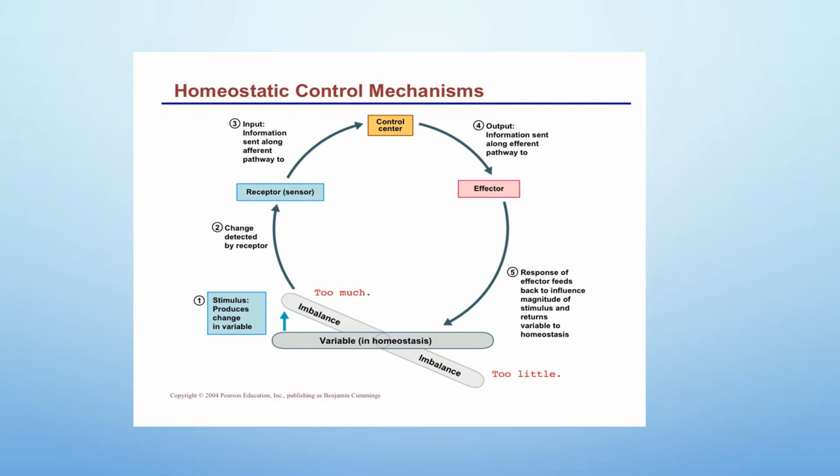The receptor sends the signal or information to the control center, which processes the information and sends it to the effector organ, and the effector organ responds accordingly to restore the changes back to the normal condition to maintain homeostasis.